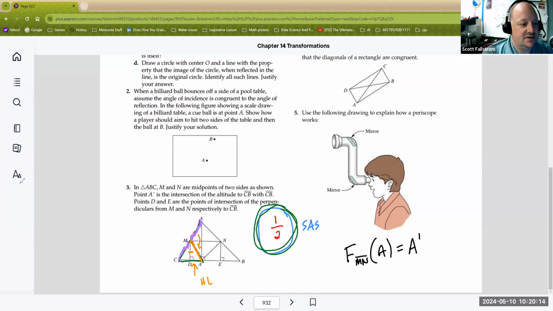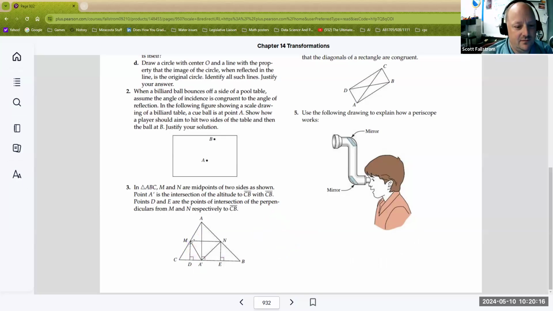The two triangles sitting right over here, this one on the left and this one on the right, those two are actually congruent triangles. Not similar. A moment ago, we had similar triangles. These are congruent triangles by hypotenuse leg. And if you have hypotenuse leg, then you get something else: corresponding parts of congruent triangles are congruent.